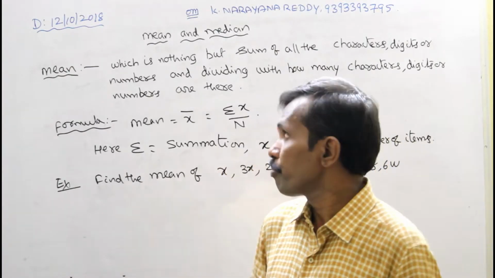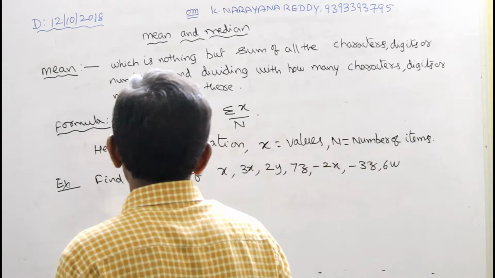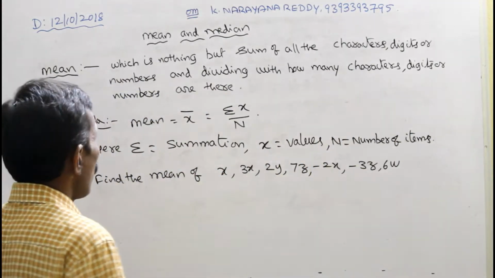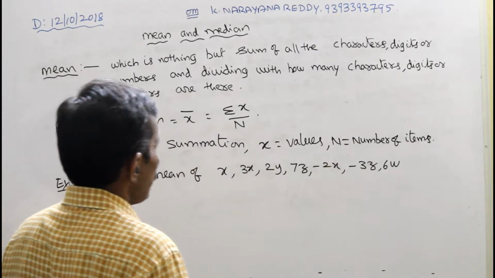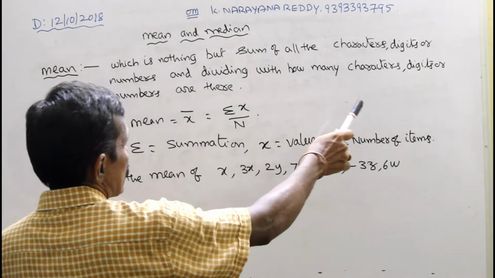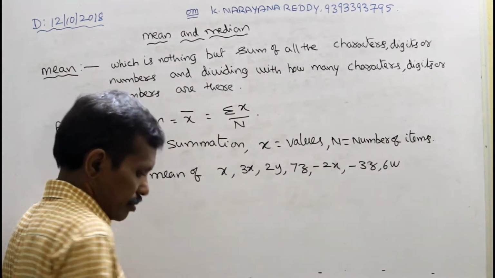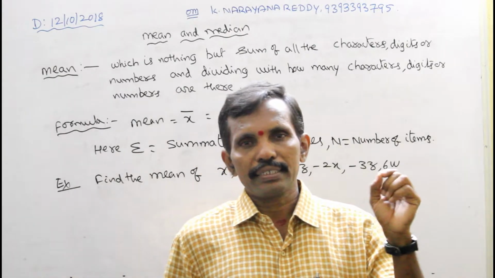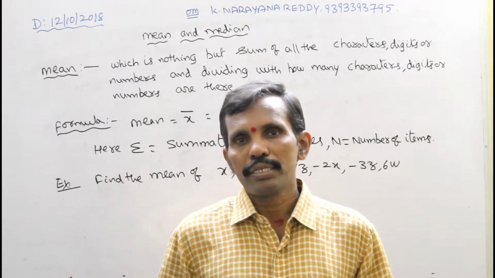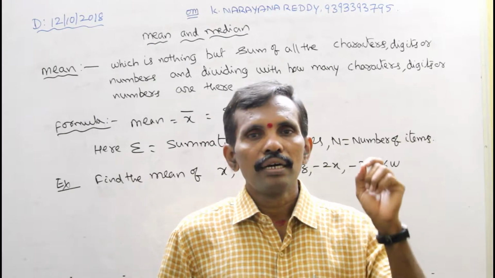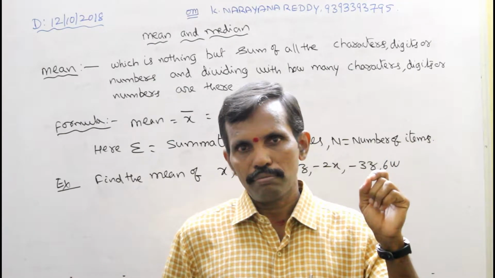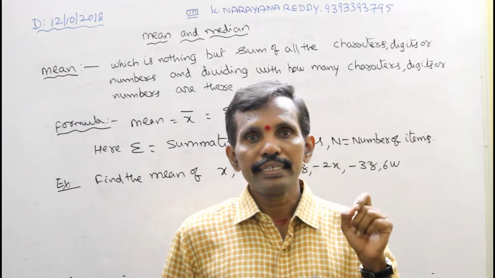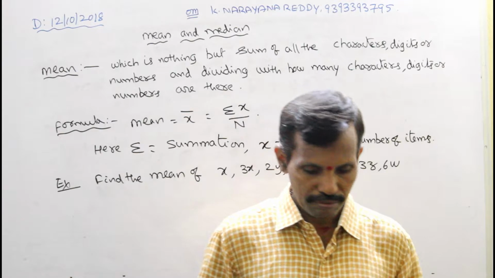Mean is the sum of all the characters, digits or numbers, divided by how many characters, digits, numbers there are. Suppose 10 alphabets are there, then the sum of the 10 alphabets divided by 10 is the average, in characters.